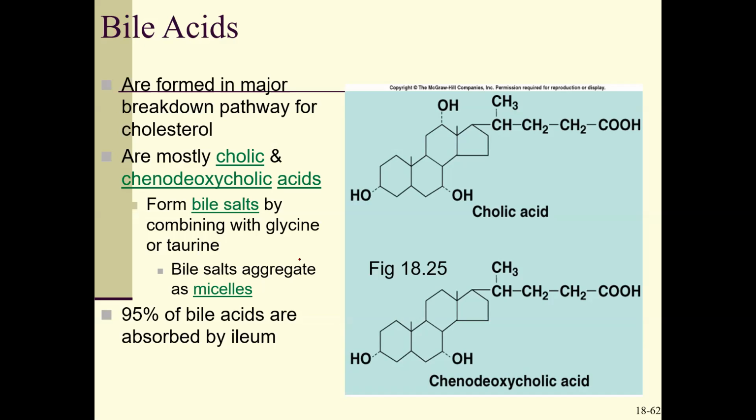And then you make the salt version of those, and they are then excreted into the small intestine as bile. And those get reabsorbed, some of them, others don't, and are excreted out in the fecal material.